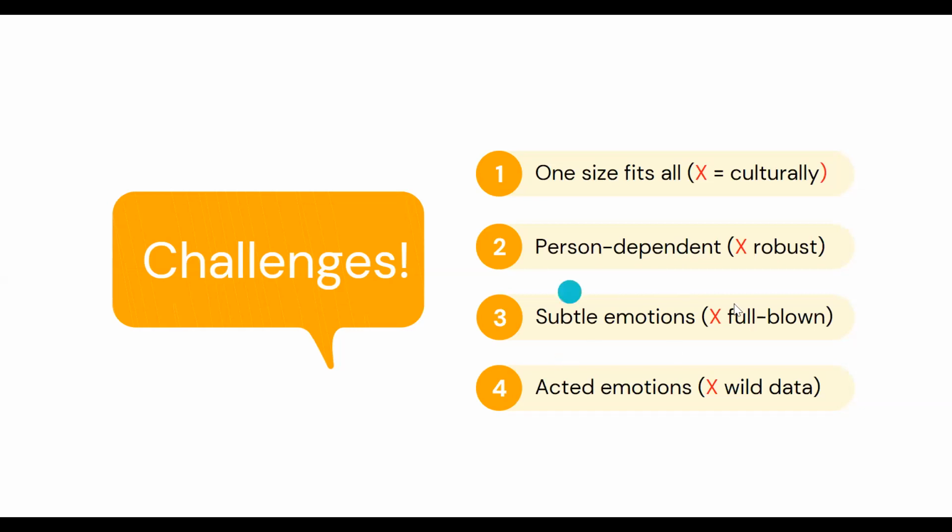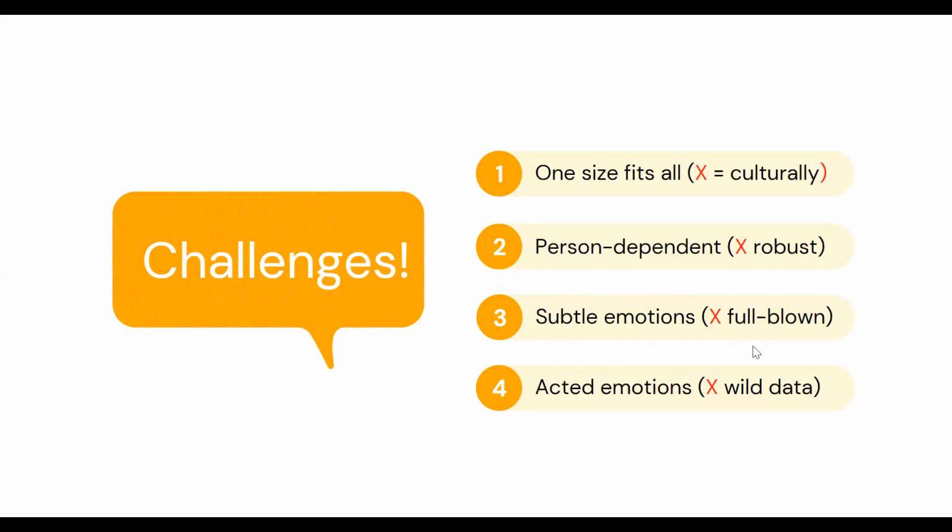And we are moving from full-blown emotion, which is much easier to detect, to subtle emotions. Subtle emotions are emotions that are much softer. When you are interacting with interfaces and machines, you do not get very angry or very sad. You do not cry in front of your computer, trying to show your full-blown emotion.